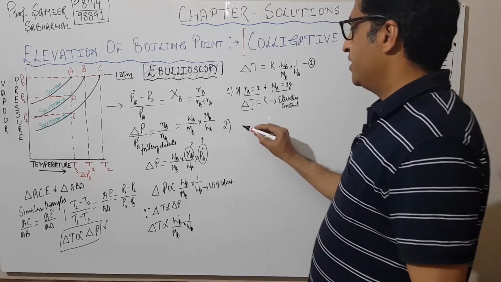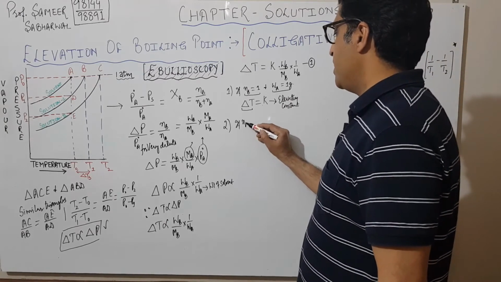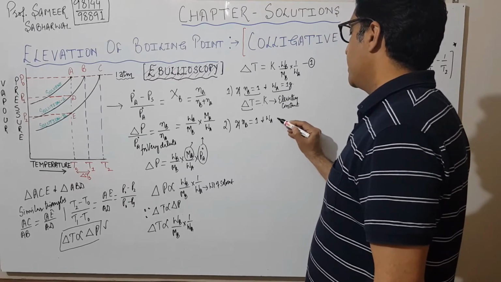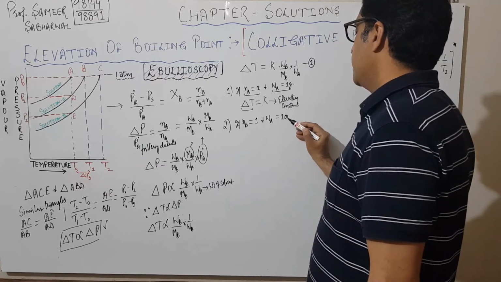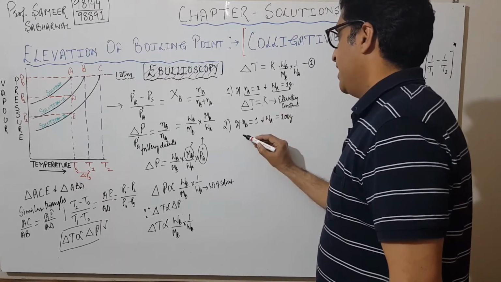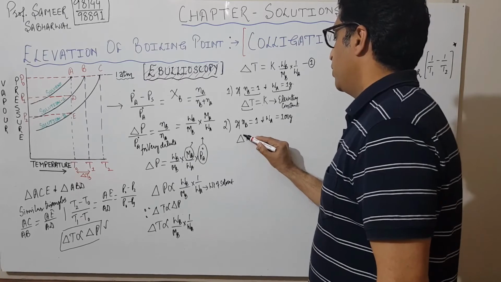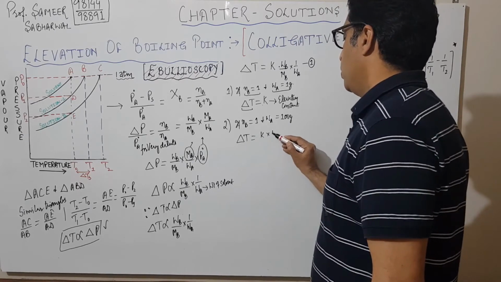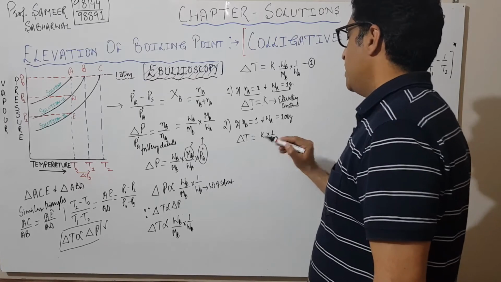Now I am taking the second case. If NB is 1 and WA is 100 gram. Now in this case, I can say delta T, by taking equation 1, is K into 1 by 100.